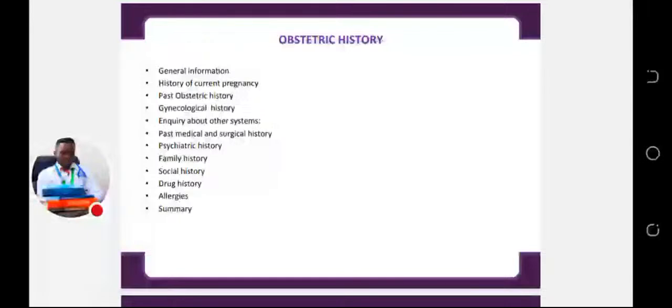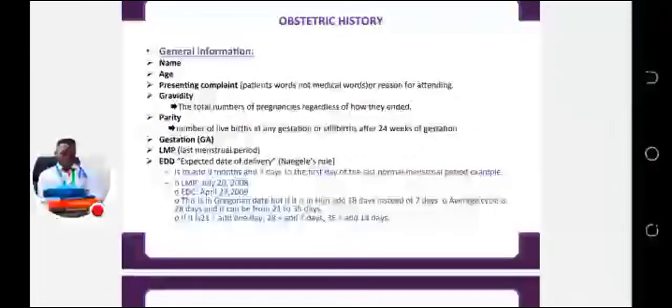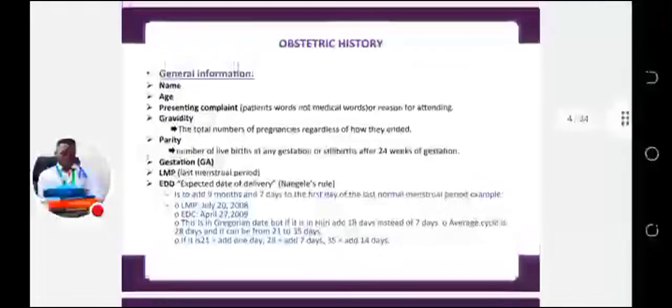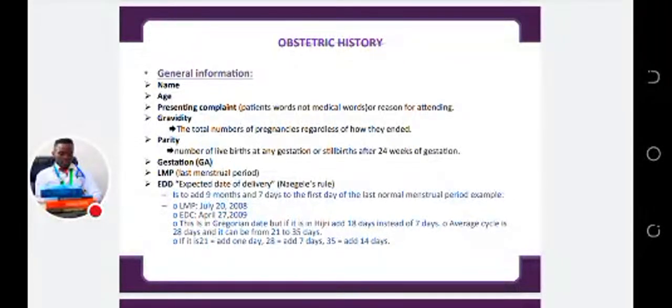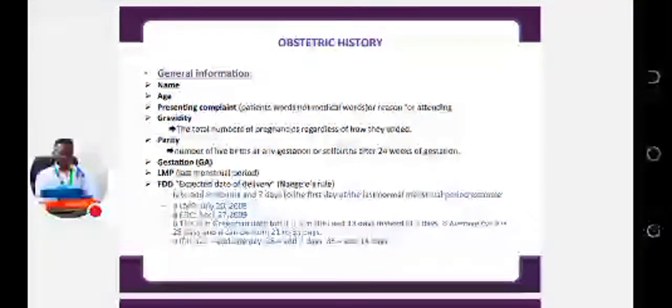So these are just the objectives that we'll look at in obstetrics and gynecology. Let's move on to general information. What are some of the things that you need to consider? In general information, the important cardinal information is the name of your patient, the name of your client, the age, and the presenting complaint.